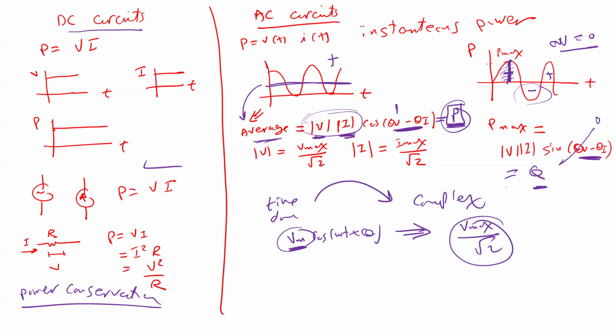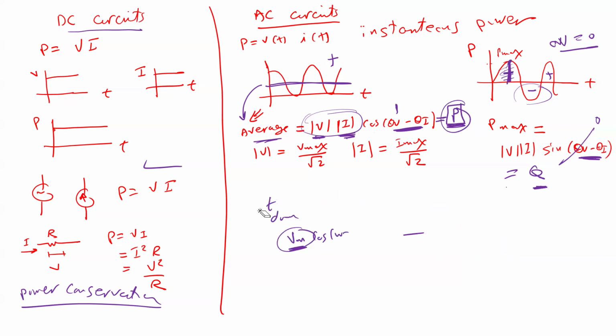If you want to keep V maximum, it's still okay, but you need to change the formula. But anyway, after that, what you have to calculate is what we call complex power.